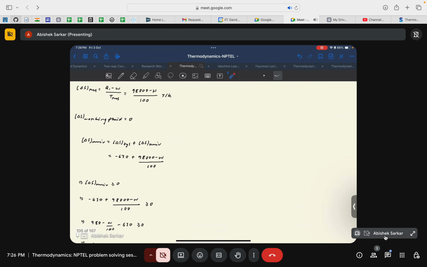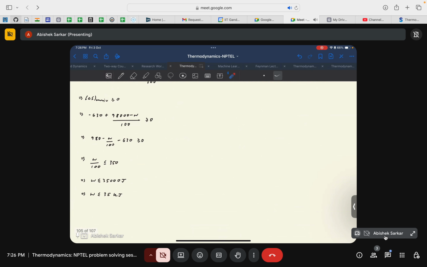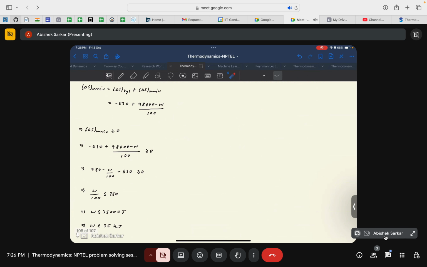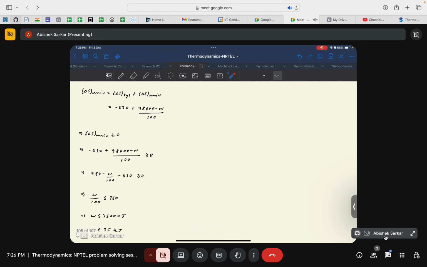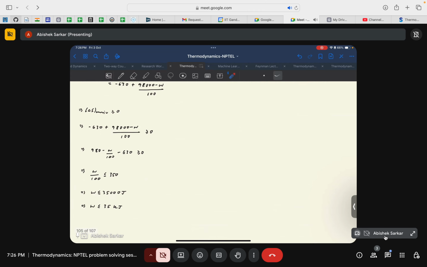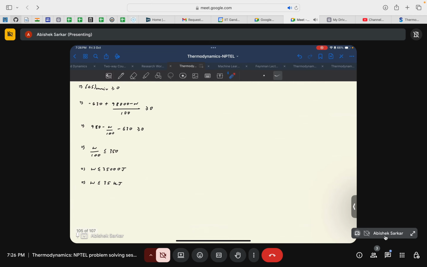Since we know that delta S universe always has to be greater than or equal to 0, it would imply that minus 630 plus (98,000 minus W) by 100 should be greater than or equal to 0. If you simplify this term, you will get 980 minus W by 100 minus 630 greater than or equal to 0, or W by 100 is less than or equal to 350.